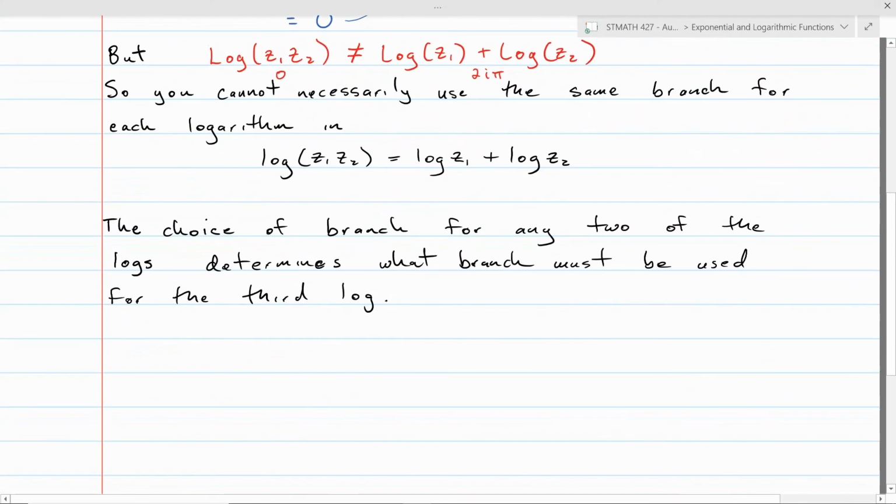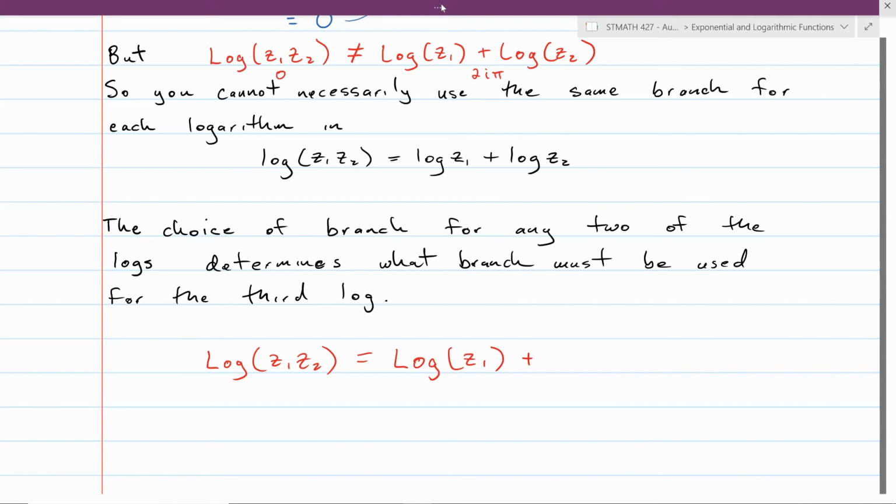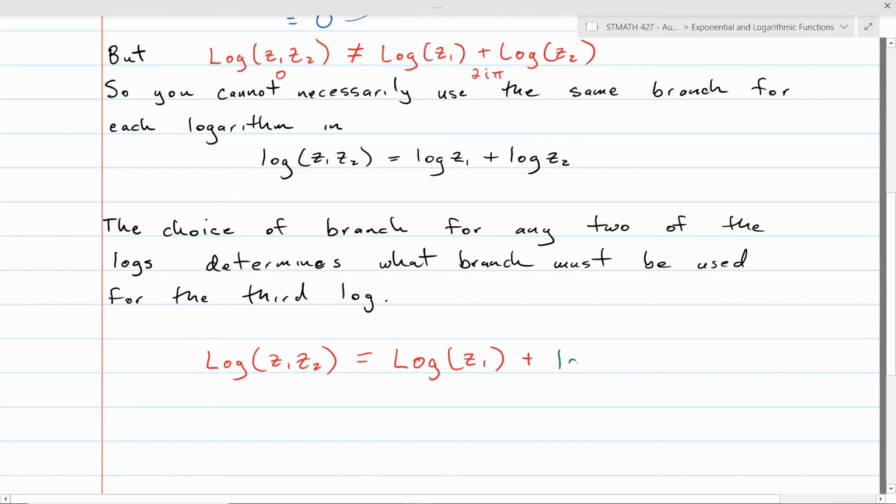For example, let's say I wanted to use the principal log for the z1 times z2 part of that identity, and then I wanted to use the principal log for the log of z1 part. Then the question would be, what log do I have to use for this last term in this identity?